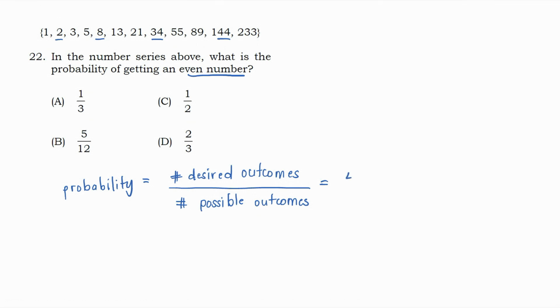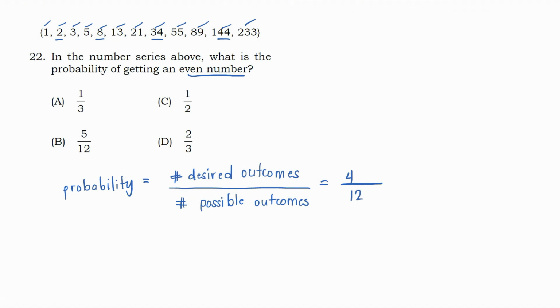So, meron tayong 4 even numbers. And then, yung total possible outcomes, bibilangin natin kung ilan lahat yung nasa loob ng series. 1, 2, 3, 4, 5, 6, 7, 8, 9, 10, 11, and 12. So, meron tayong 12. 4 over 12 yung probability.